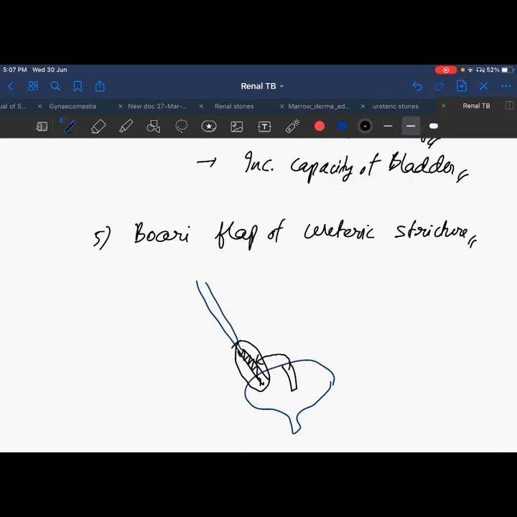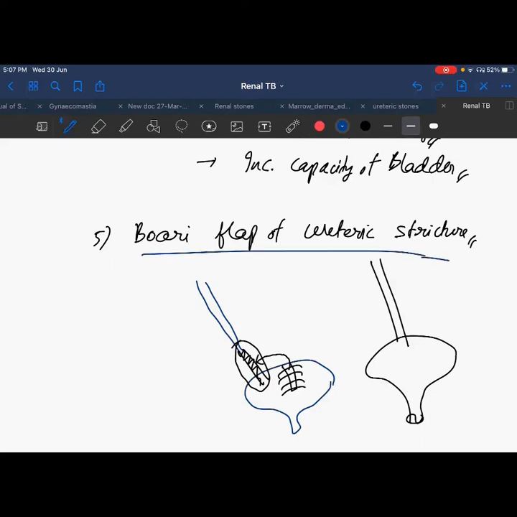Healthy urinary bladder tissue is sutured with the fibrous ureter. The ureter will now function normally. The cut-out part, they suture together. This is known as body flap for ureteric stricture.